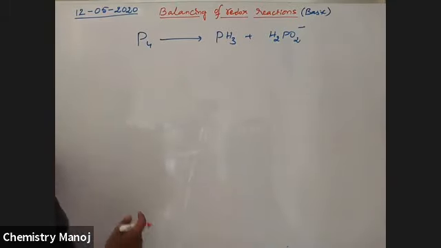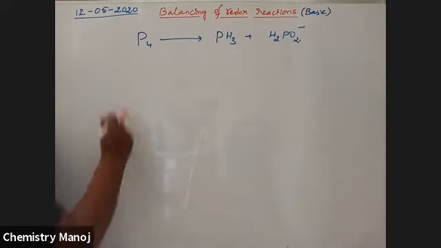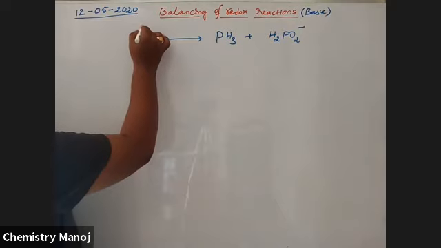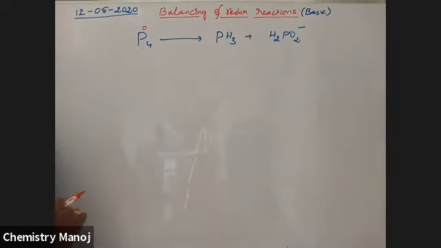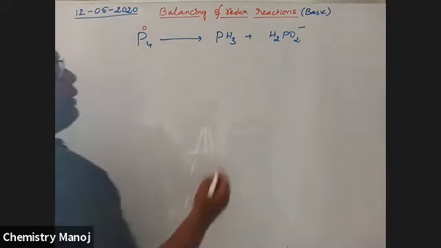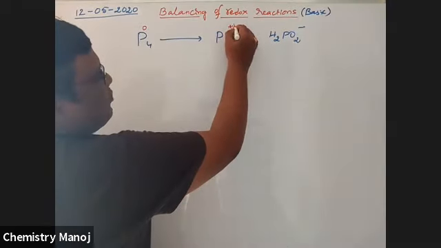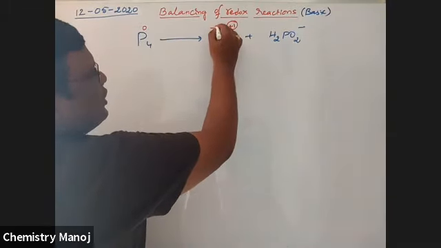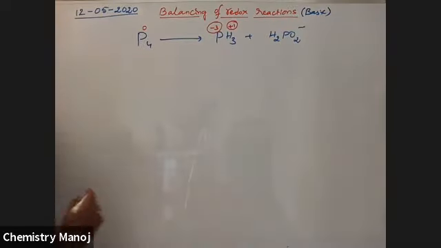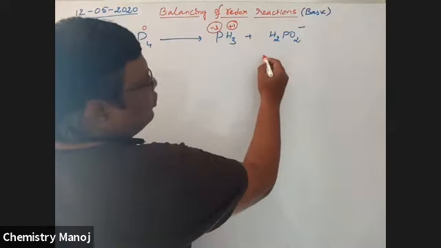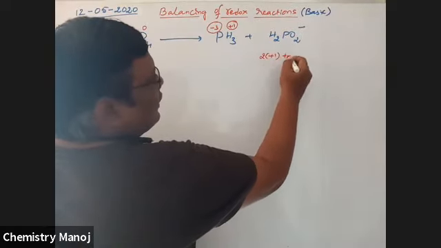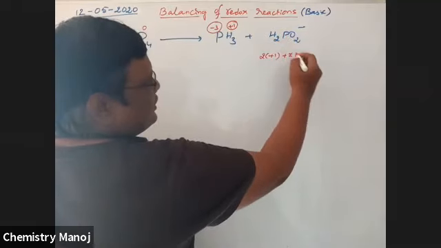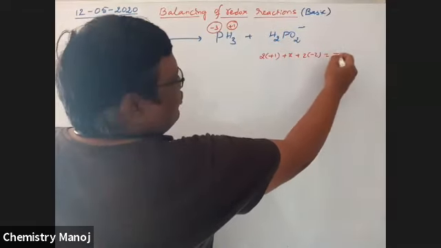First of all, identify the oxidation numbers of each and every element. In P4, the oxidation state of phosphorus is 0. In PH3, hydrogen is +1, phosphorus is -3. In H2PO2 minus: 2 into +1 plus x plus 2 into -2 is equal to -1.